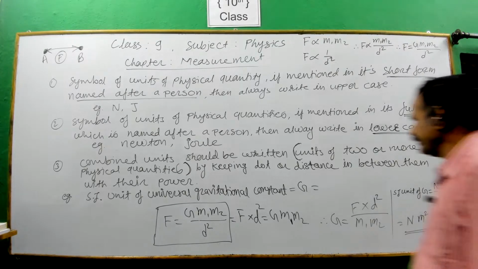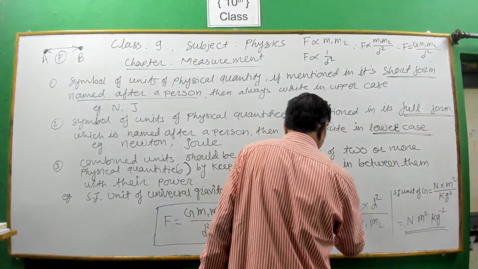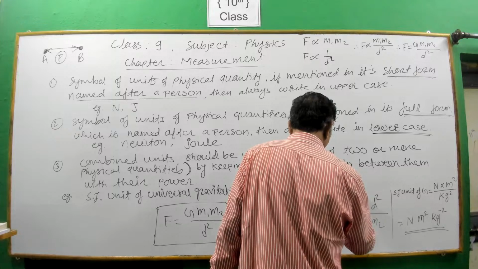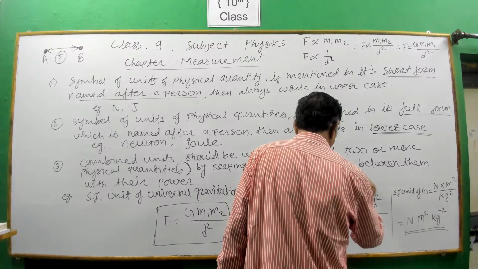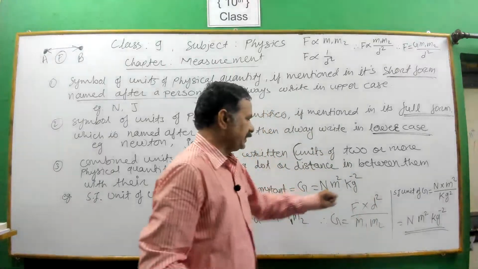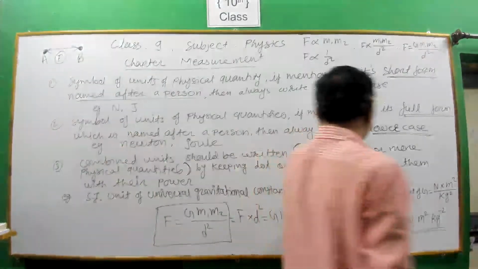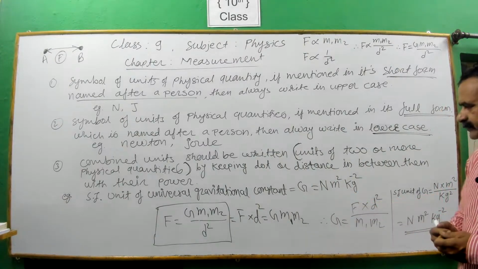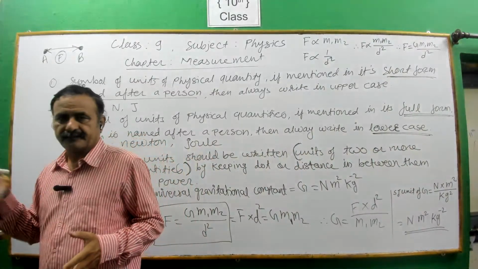So ये कैसे लिखना है हमें? Newton, meter square, again give some distance, kilogram minus second power. Clear? ठीक है ना? तो ये composite unit लिखने के लिए ये rule है बच्चों. क्लियर? ठीक है ना?